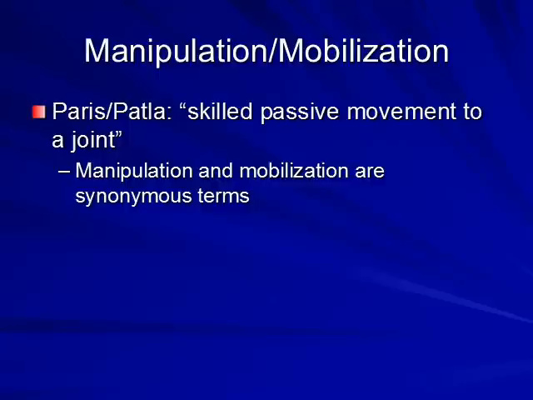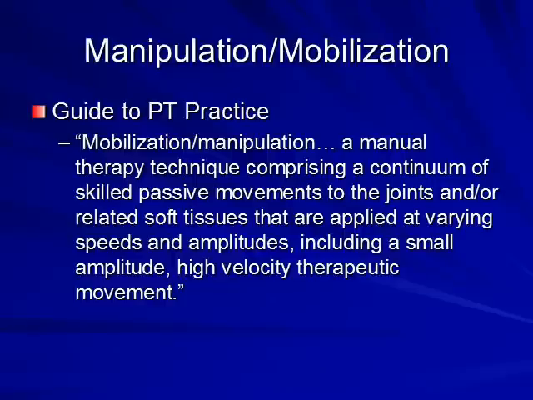But what we really found is that this skilled passive motion to a joint that Paris and Patla initially coined makes them synonymous. And that's really important. The most recent guide actually incorporated this synonymous terminology and said that because they mean such a various amount of different things, you can use them interchangeably; you'll just have to more specifically say in which way you're using them.